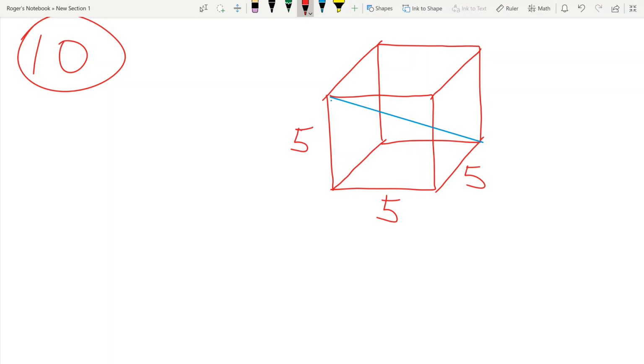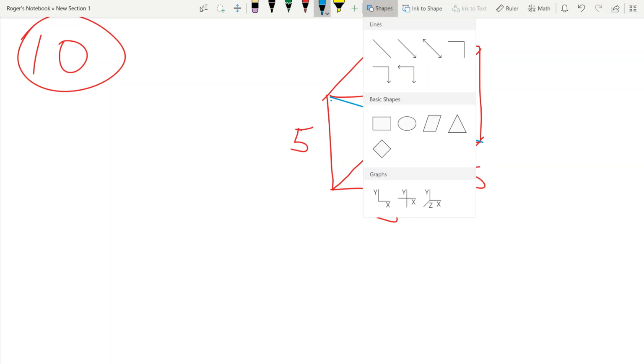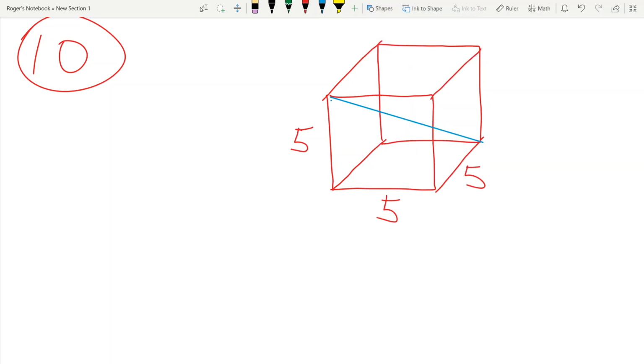Well, we need the diagonal of the base. Let's see if we can draw in the diagonal of the base. So here we go, diagonal of the base, like this.